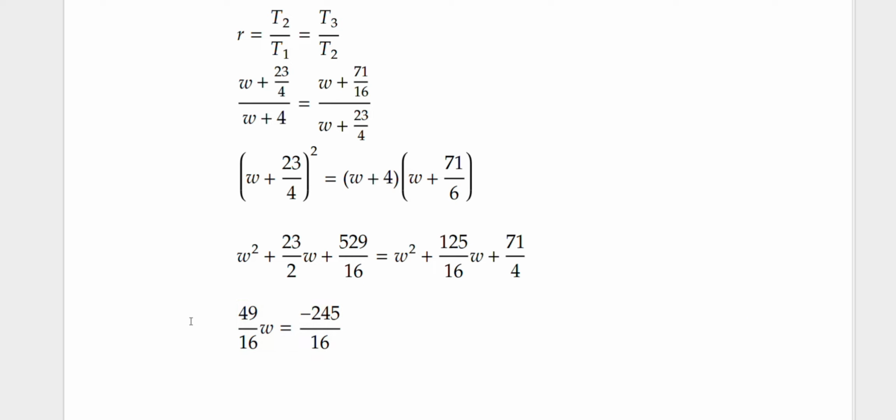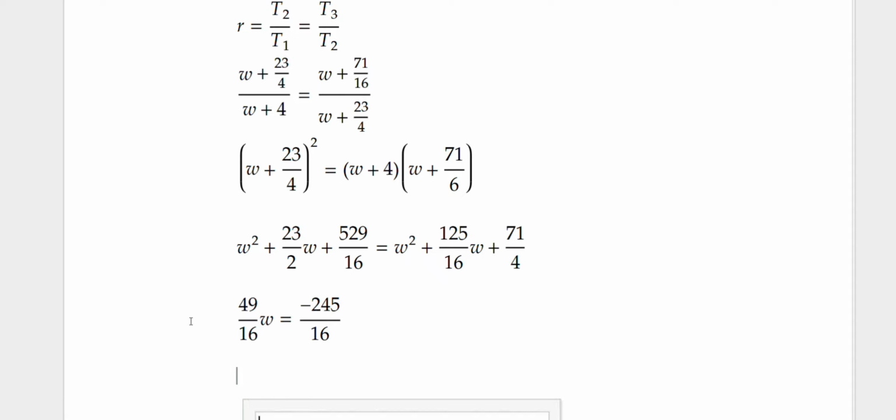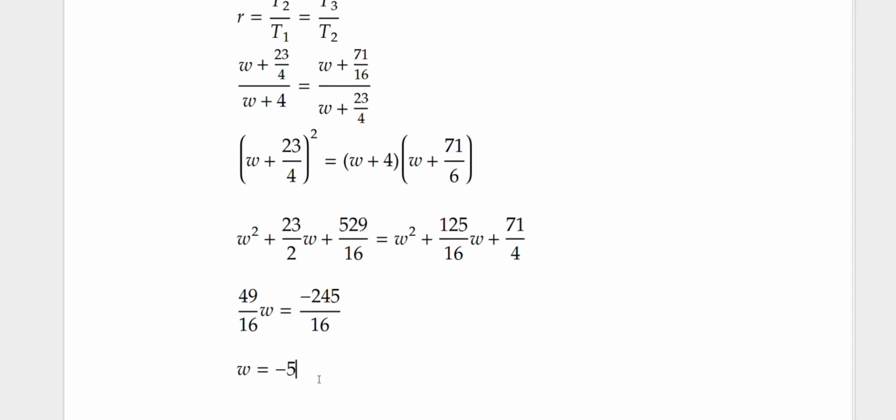And when we simplify, we get W being equal to negative 5. And we have reached the conclusion of calculating W as we get it as negative 5.